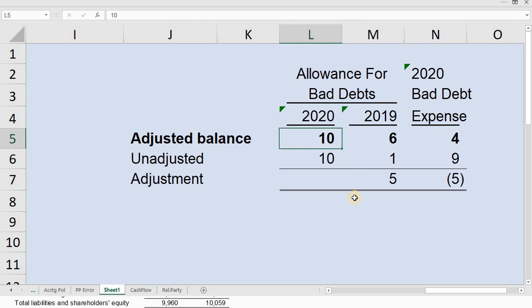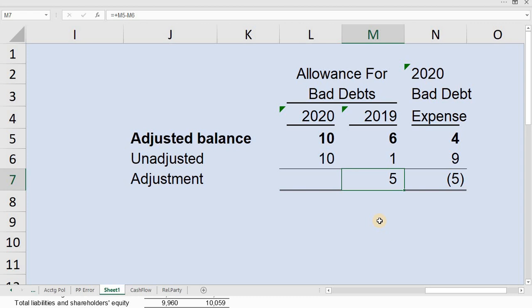So we need to adjust the ending balance of the allowance for bad debts. From 1 peso, it should be recorded at 6 pesos. It means we need to increase the allowance for bad debts in 2019 by 5 pesos. Increasing allowance for bad debts entails increasing bad debt expense. So that is why the bad debt expense in 2019 should also be increased.